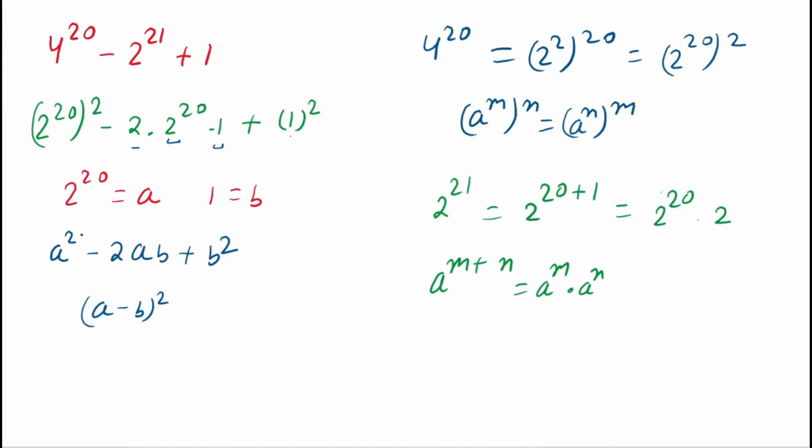We know that the value of a is 2^20, and the value of b is 1. So the value of this expression is (2^20 - 1) whole squared.